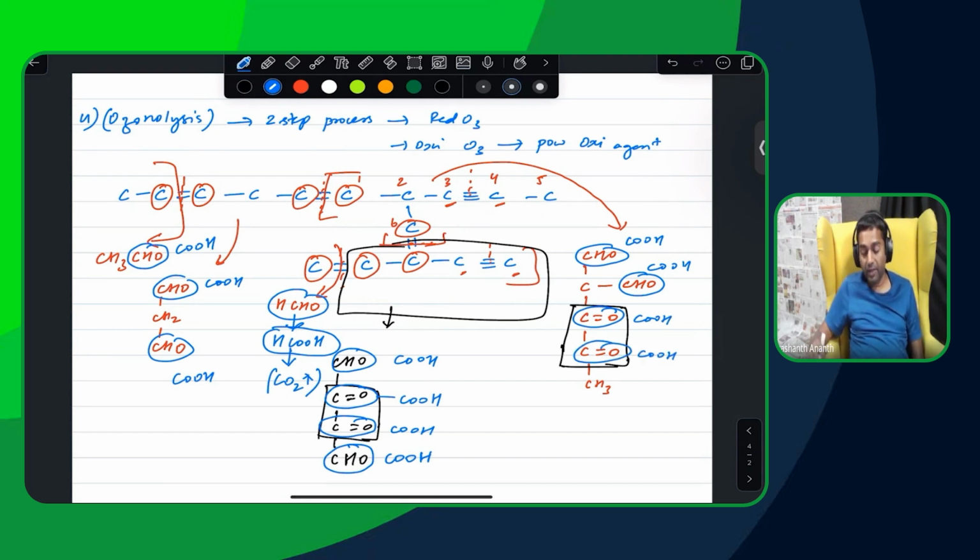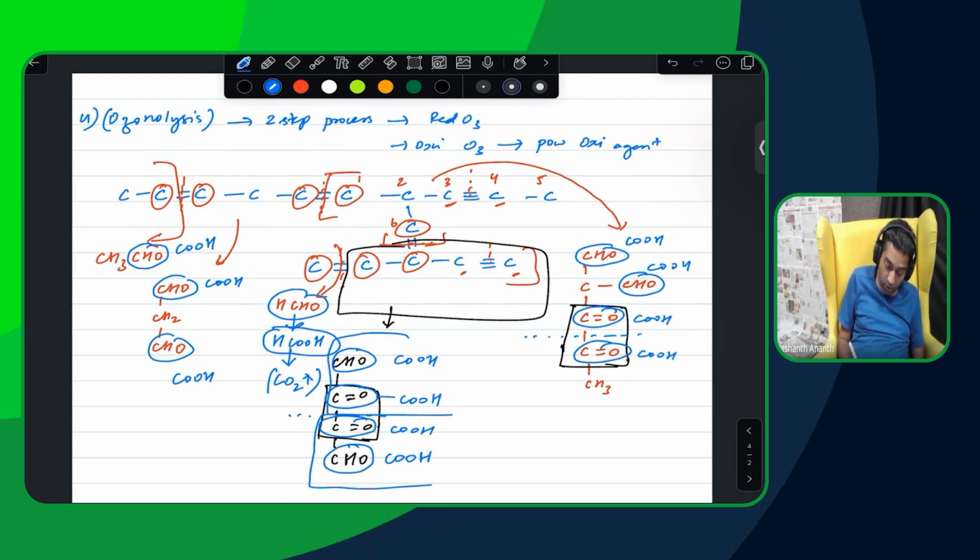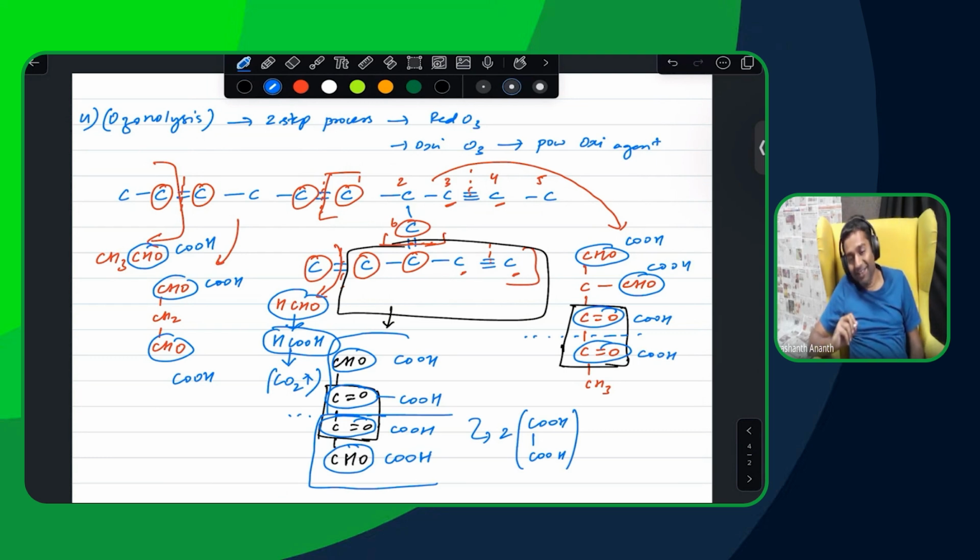So we'll end up having in this particular case, this entire bond breaks off over here. This bond also breaks off over here, meaning we will have this coming out as one molecule. This will come out as another molecule, meaning this actually becomes two molecules of oxalic acid. Now, oxalic acid has its own issues, but oxalic acid here will be obtained as oxalic acid.